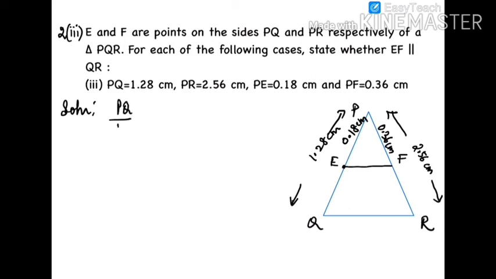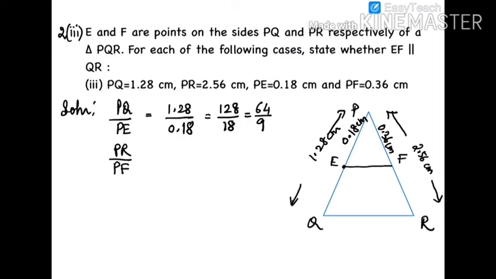PQ upon PE will be equal to 1.28 divided by 0.18. Reducing the numbers, we get 64 upon 9. Then we find PR upon PF. Remember to find the ratio in the same order with the corresponding sides.